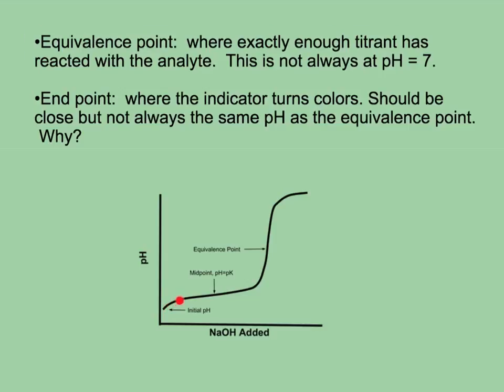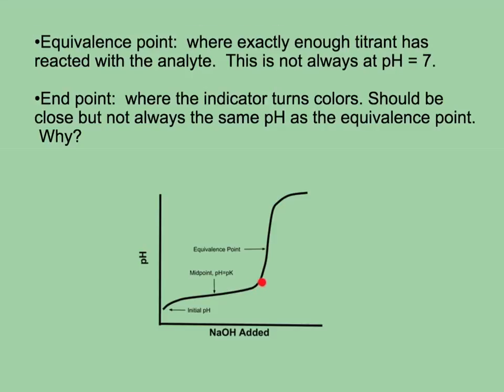Then as you add base, so this is the pH, this is your volume of base that we added. So our example here is NaOH. So as you add NaOH, you increase the pH because NaOH is basic, and obviously what's in your flask is acidic. So it becomes less and less acidic, and so the pH increases very, very slowly.